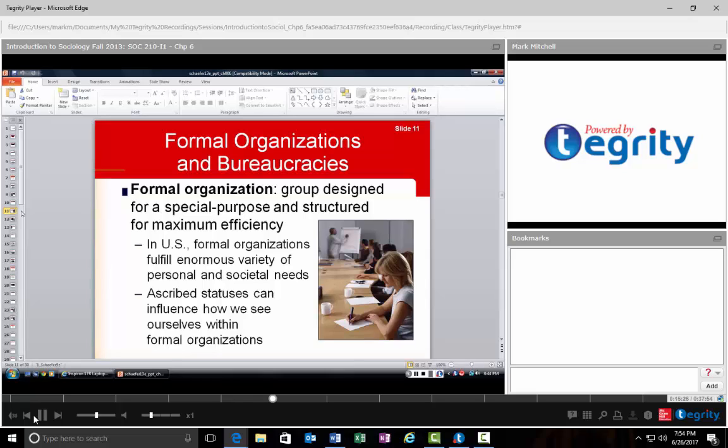But I think, as our chapter has already mentioned, McDonald's is a good example of a formal organization that performs one main task, and that is to serve food fast, efficiently, at a reasonable price, and tasty to consumers who are coming to McDonald's.